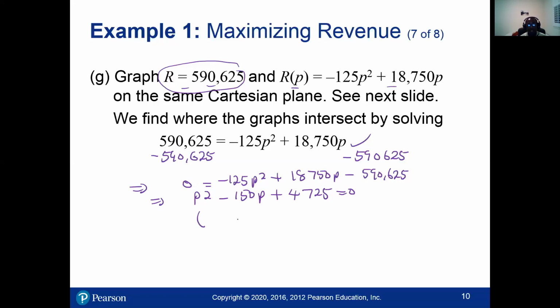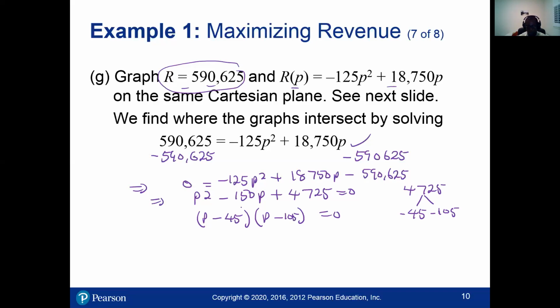So when we factor this, we want 1 times 4,725, two factors that, when you add them, you get 150. You have 45 and 105. Now both of them are negative, so that when you add them, you get negative 150, which is right there. So (p minus 45)(p minus 105).